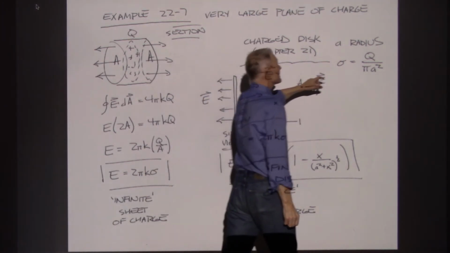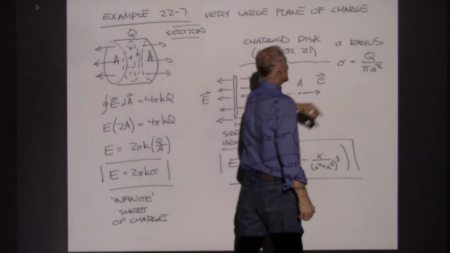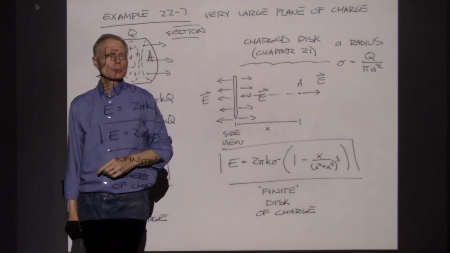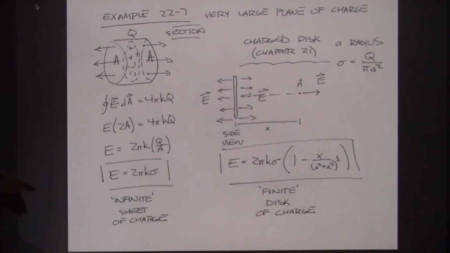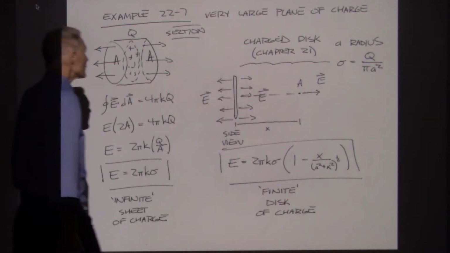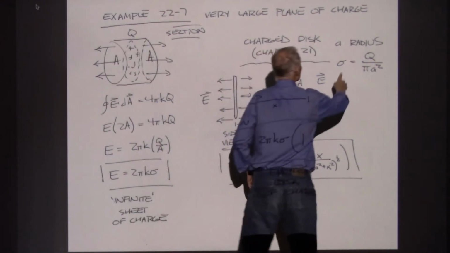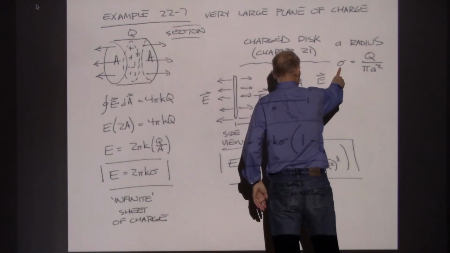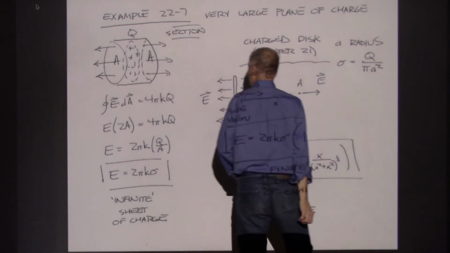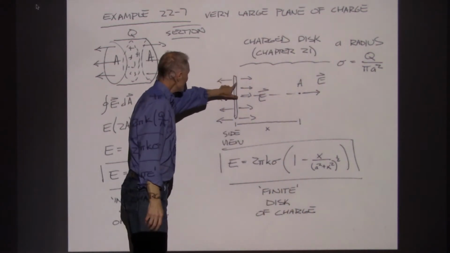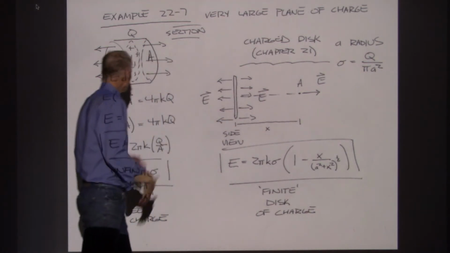Now this time, instead of a charge per length, what's more useful is a charge per area. So how densely placed is the charge on that disk? For that we're going to use sigma, that's the convention, and that's the charge divided by the area of the disk. So again, this thing is charged. I should draw some plus signs in there.